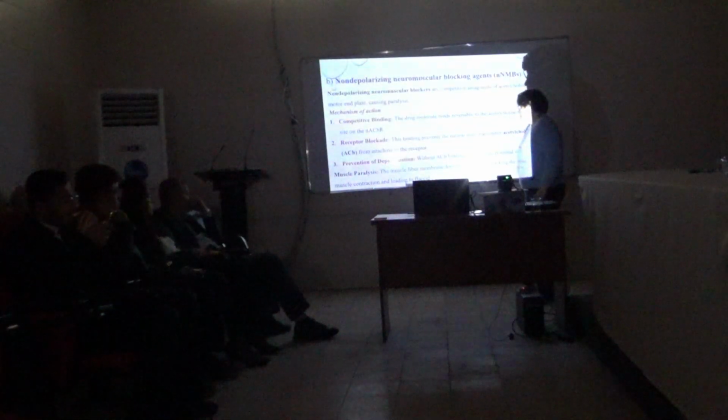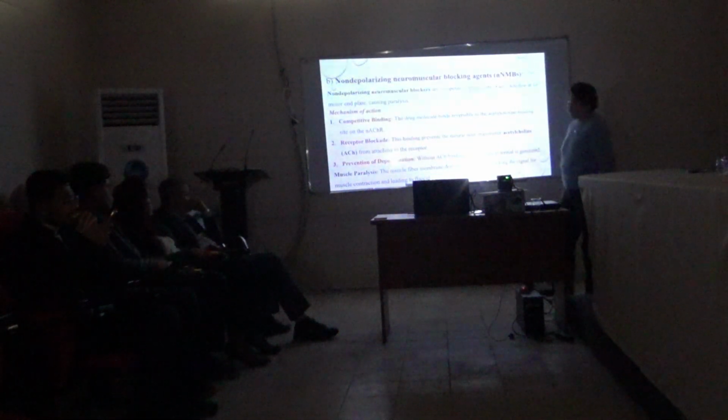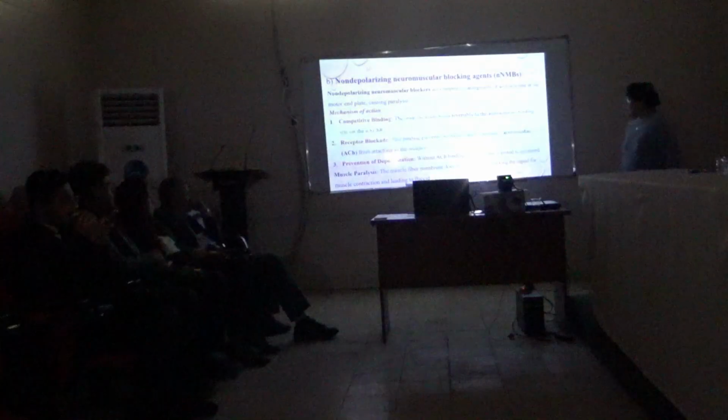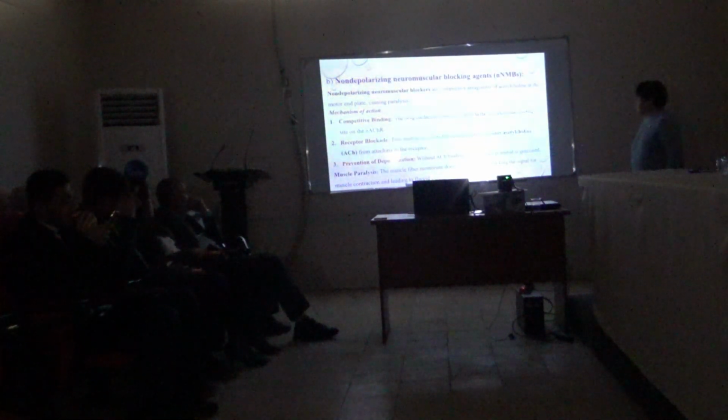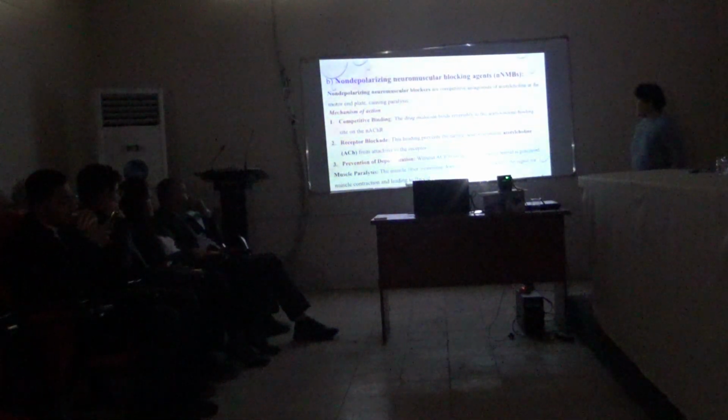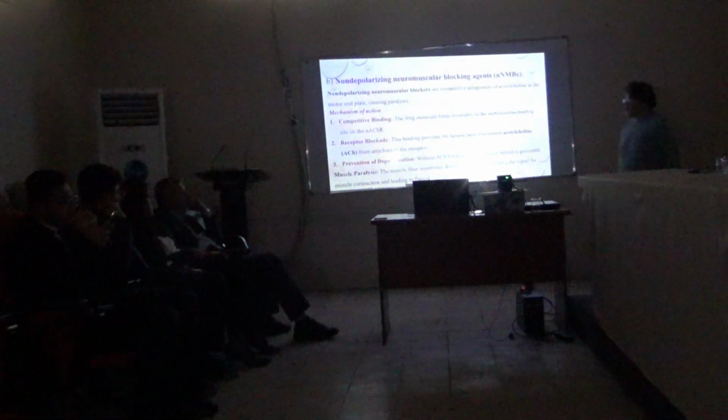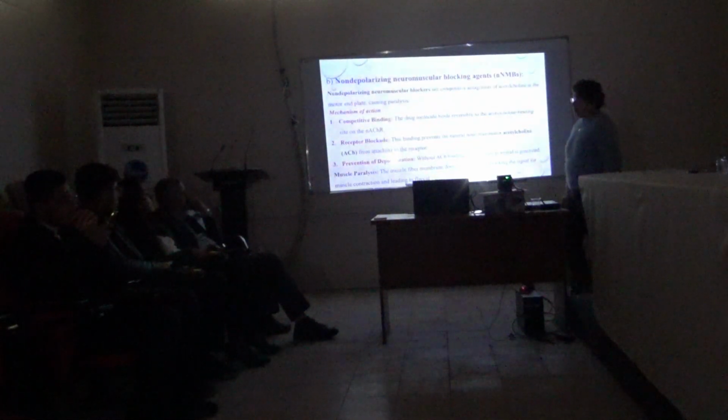Muscle paralysis. What is the meaning of muscle paralysis? The muscle fiber membrane doesn't depolarize, blocking the signal for muscle contraction and leading to flaccid paralysis.